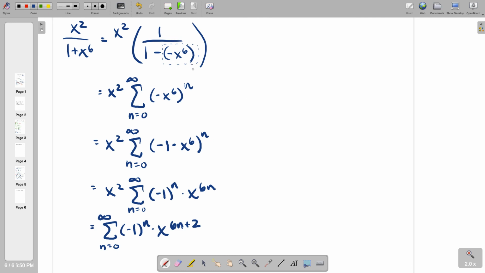So of course what's going on here is we're saying the absolute value of negative x to the 6th needs to be less than 1, which means that the absolute value of x to the 6th is less than 1, which means the absolute value of x is less than the 6th root of 1, which is still 1, right?